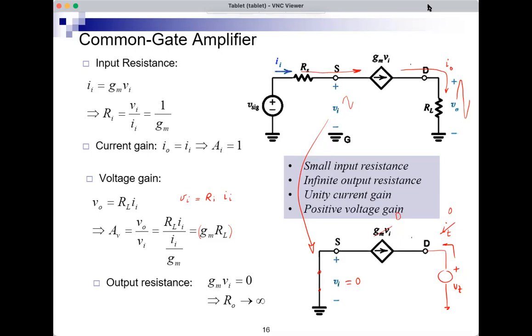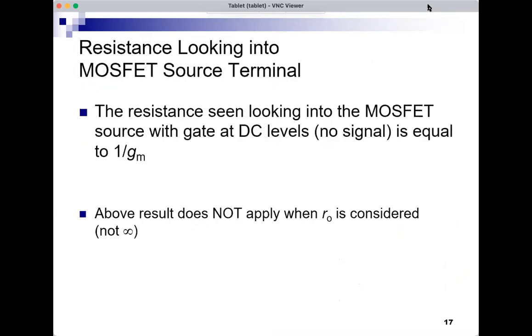So this has some uses as I just mentioned, as a current buffer. Now we ignored RO, but RO actually has an important effect here. Before we look at the effect of RO, let's come up with a rule that applies only if RO is not considered or very, very, very large.